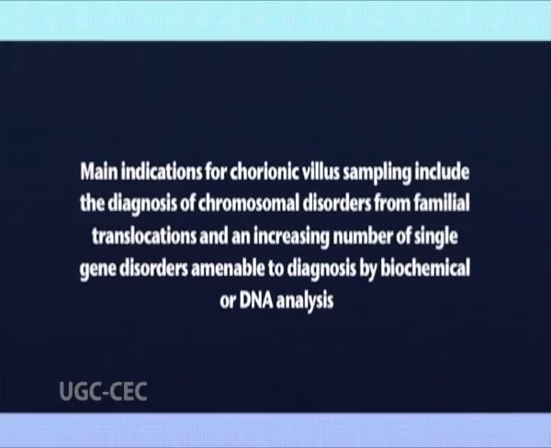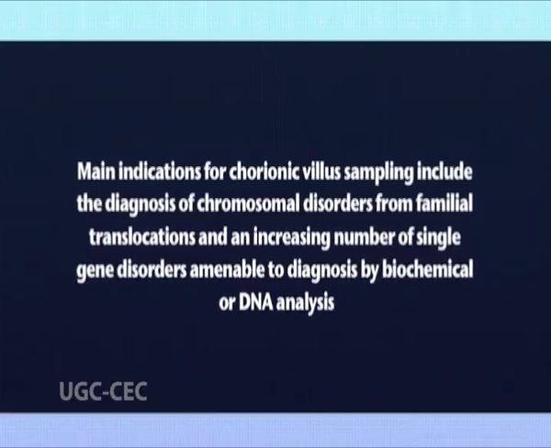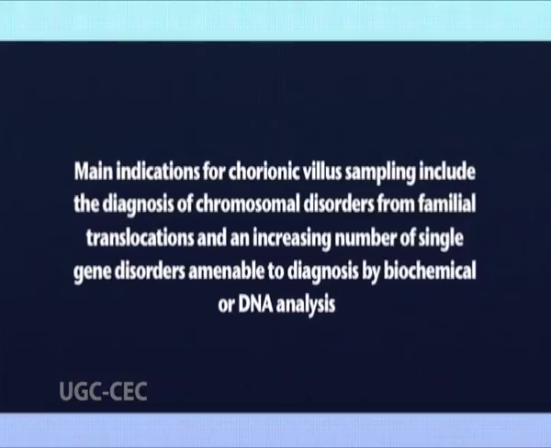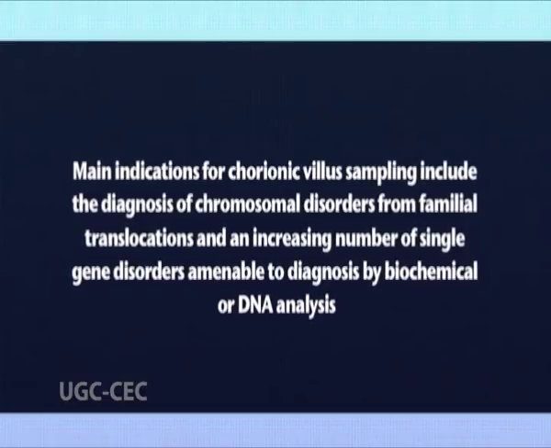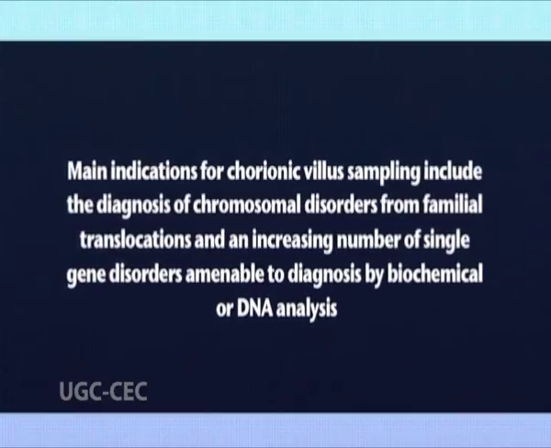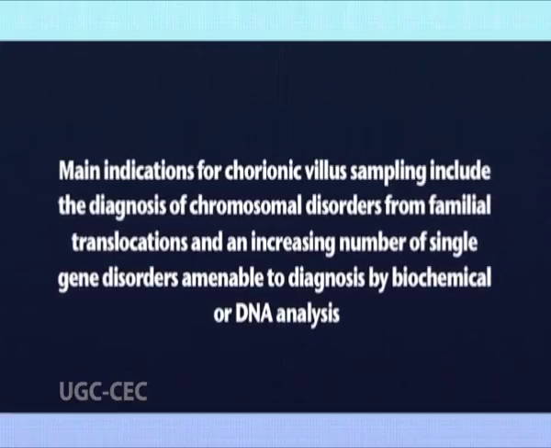The main indications of chorionic villus sampling include the diagnosis of chromosomal disorders from familial translocations and an increasing number of single gene disorders amenable to diagnosis by biochemical or DNA analysis.